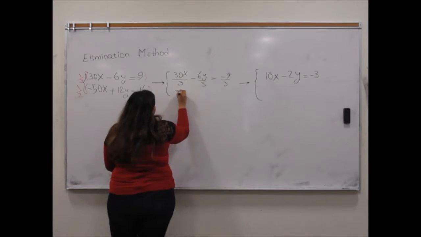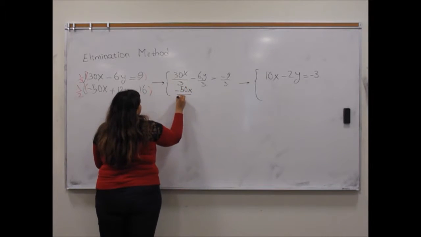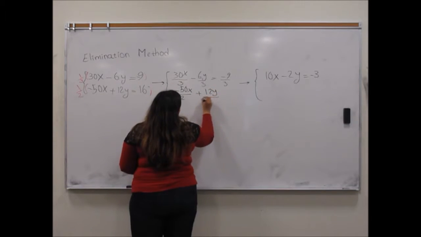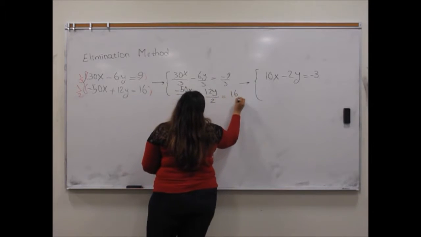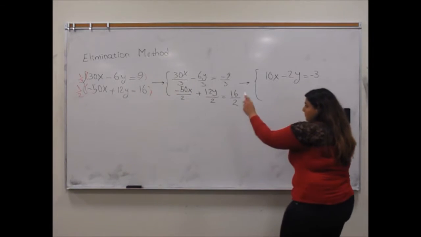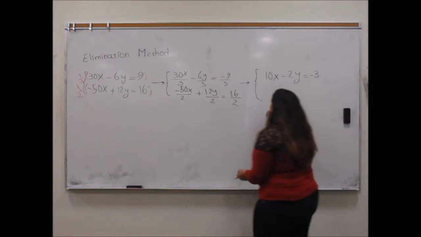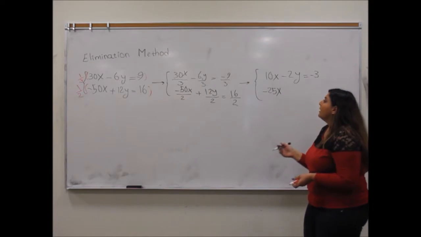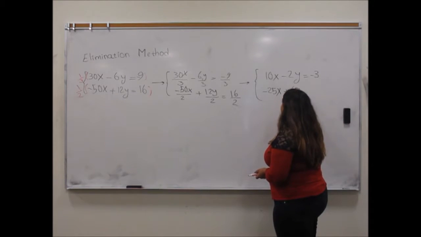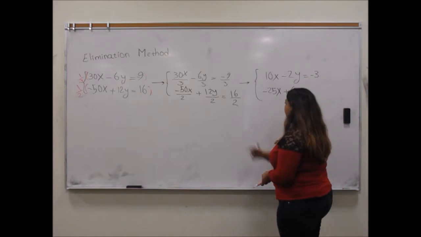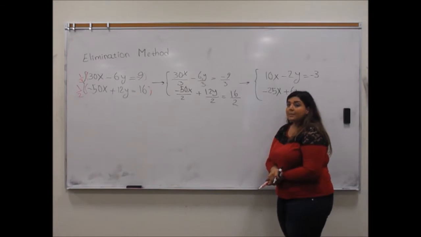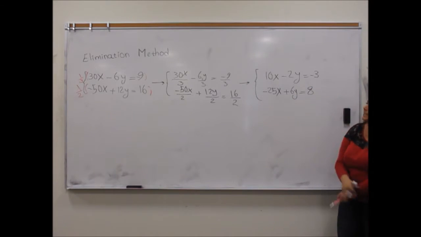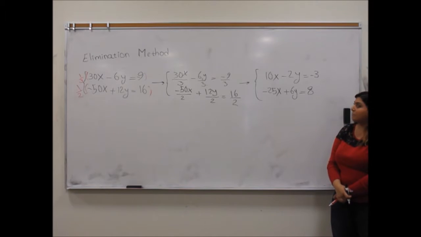I'm going to get negative 50x divided by 2 plus 12y divided by 2 equals 16 divided by 2. 50 divided by 2 is 25, so I have negative 25x. 12 divided by 2 is 6, so I have plus 6y. 16 divided by 2 is 8. So this looks easier to me.